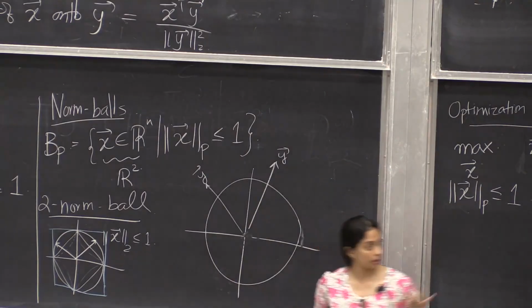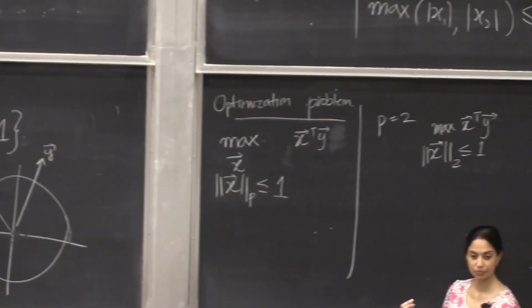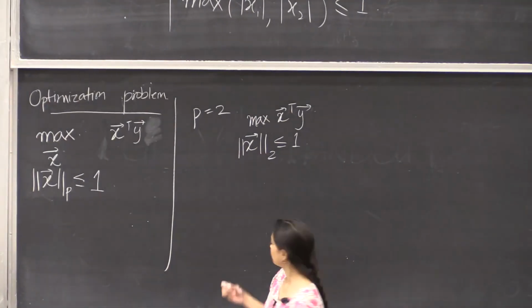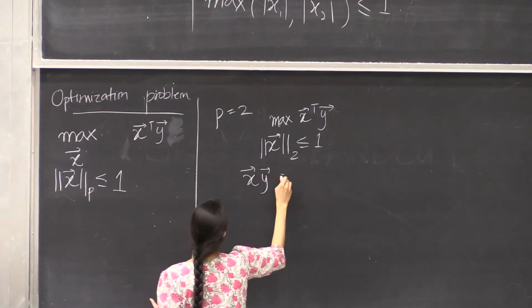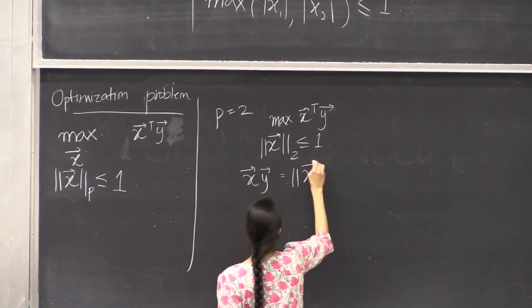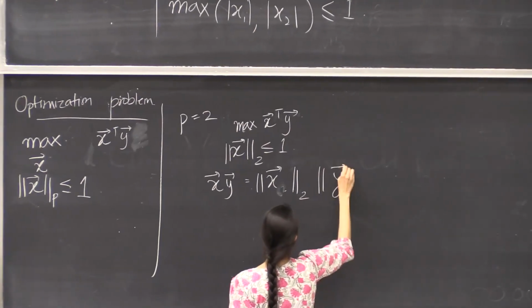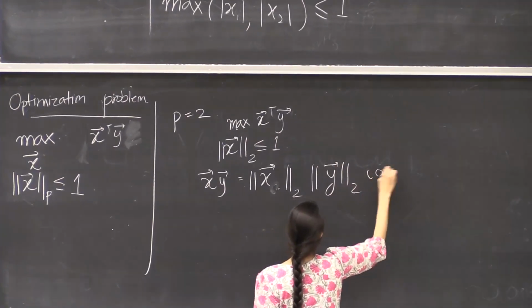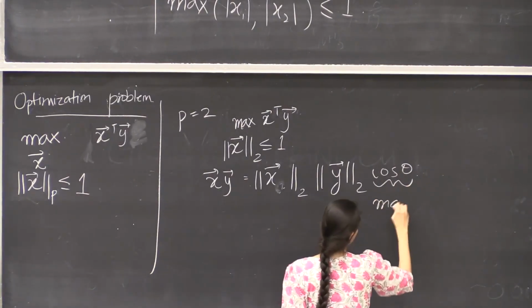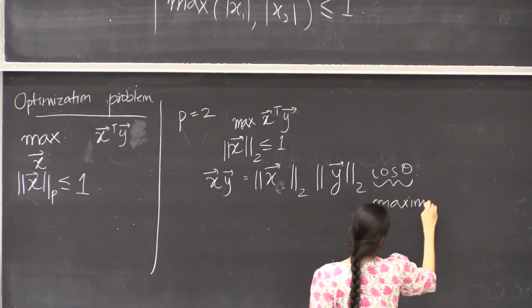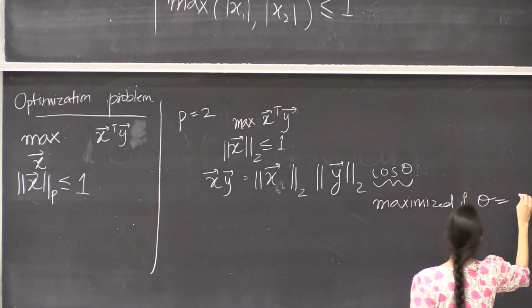So therefore, x transpose y equals the 2 norm of x times the 2 norm of y times cosine theta, which is maximized if theta is equal to 0.